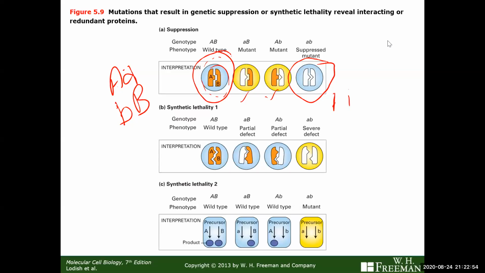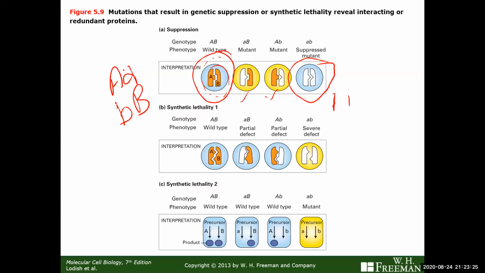So what I was saying is that independently, either mutation in A or mutation in B, it is not that they just cannot grow in the presence of galactose as the only carbon source. They can grow, but not as well as the wild type. But when you combine the two, A and B together, then you see that there is absolutely no growth.